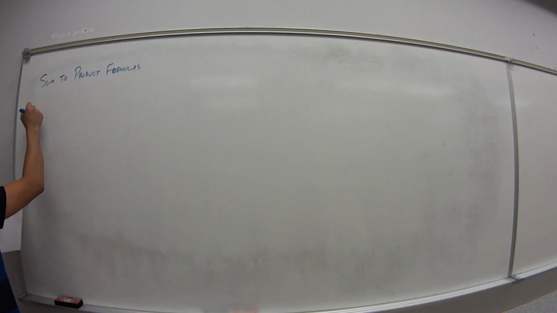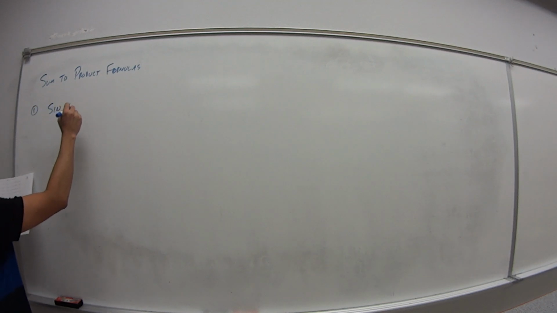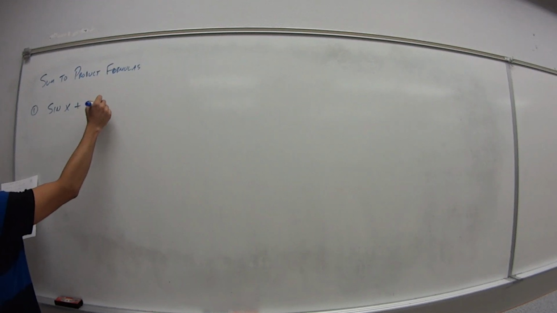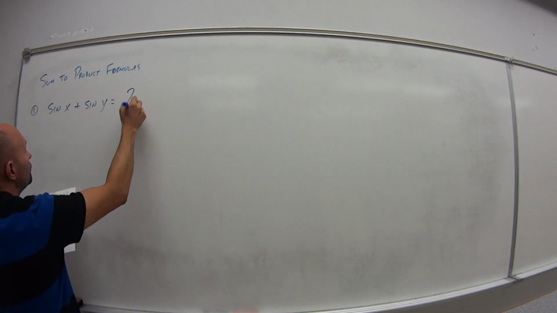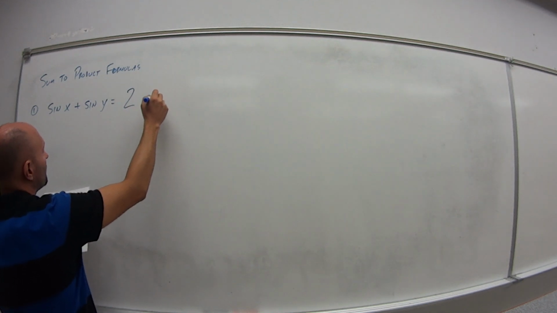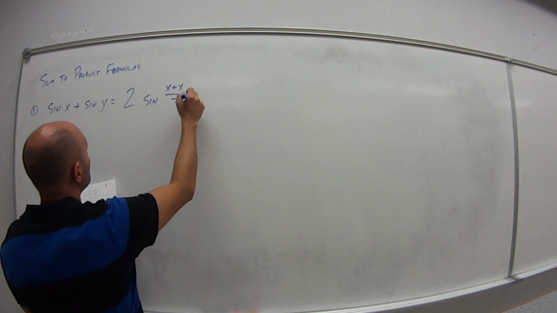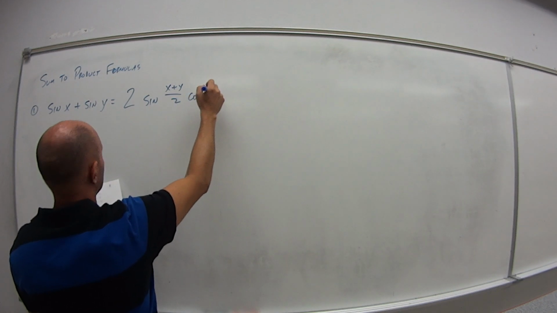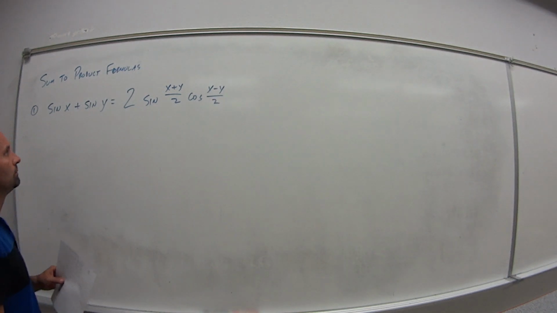So sum to product formulas. First thing we're going to have, if I have sine of x plus sine of y, this is the same as 2 times sine of x plus y over 2 times cosine of x minus y over 2.